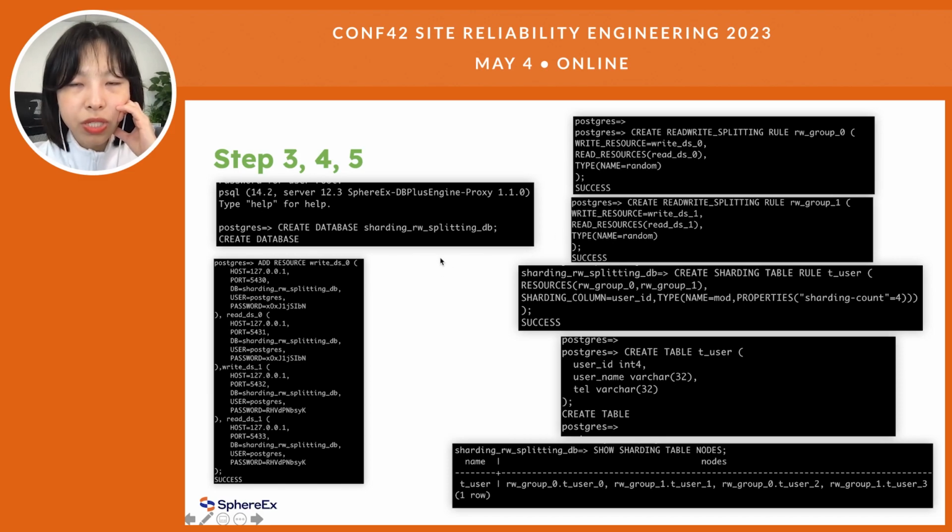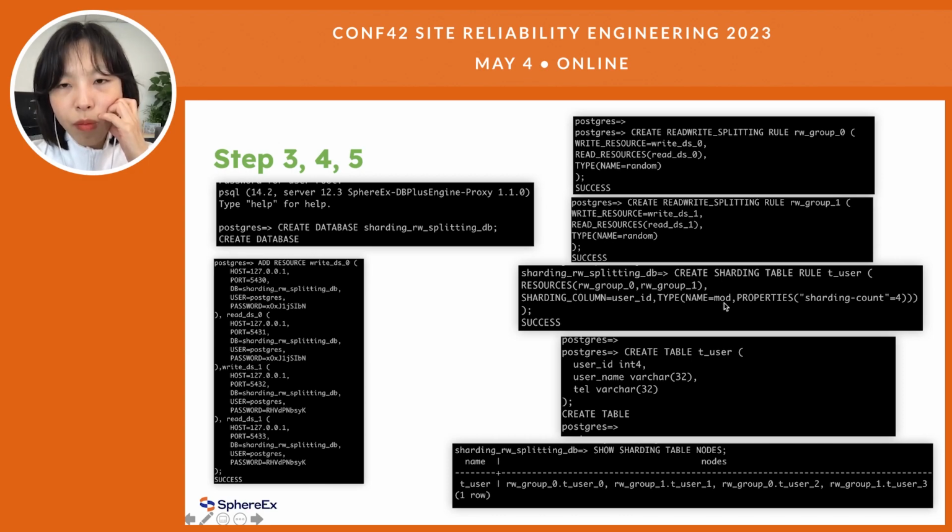And I want to say here, like I mentioned before, how to create a sharding table. Here, I want to introduce the distributed SQL, like this one: create a sharding table user. The sharding column of this distributed table is user ID.